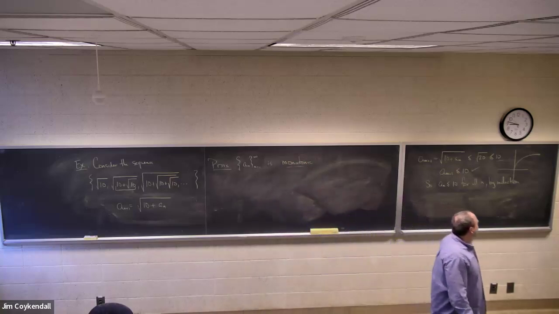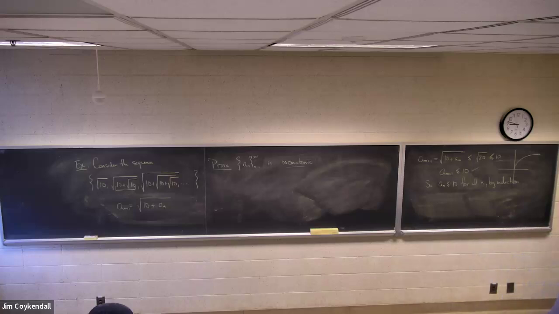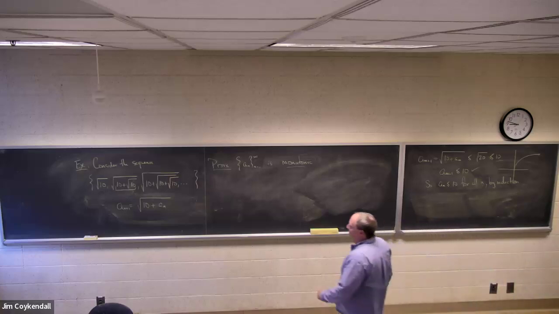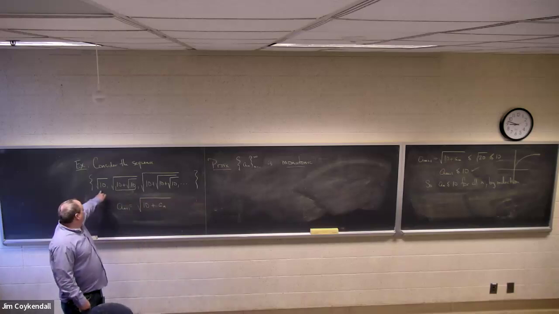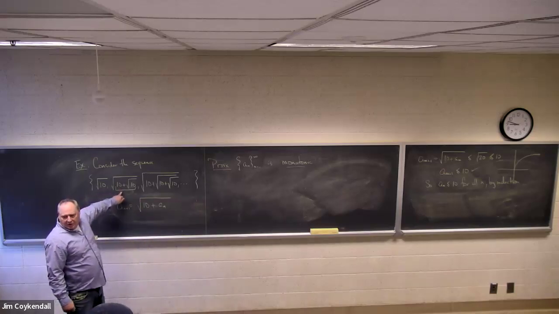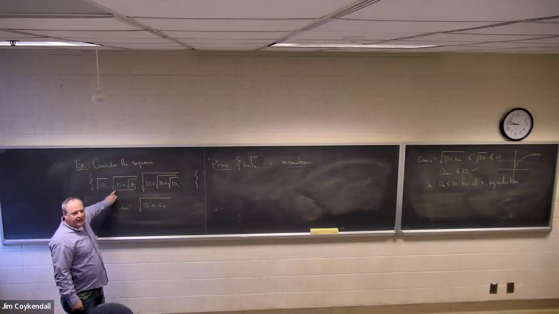By the way, monotonic here means always increasing or always decreasing. Which do you think this one is? It's always increasing because otherwise I'm dead wrong. Radical 10, and this is radical 10 plus a smidge. So this is getting bigger.